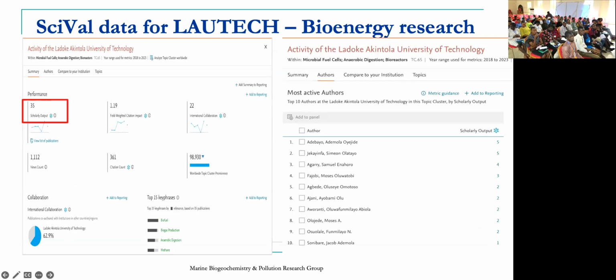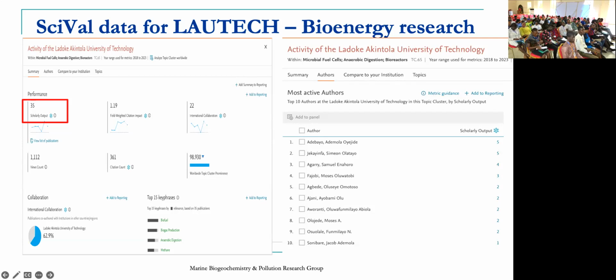Looking at the first topic cluster, that's T16, this is another SciVal data that I have. Those conducting research on microbial fuel cells, anaerobic digestion, bioreactors, we have about 35 publications.